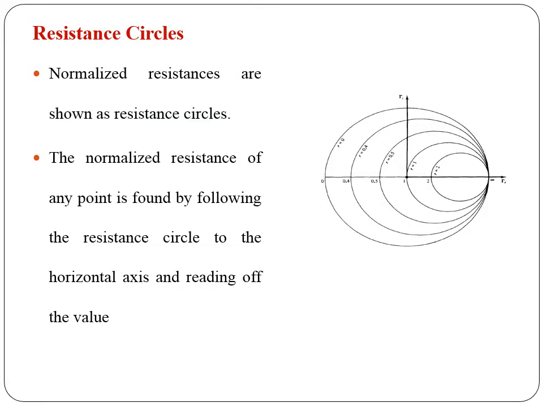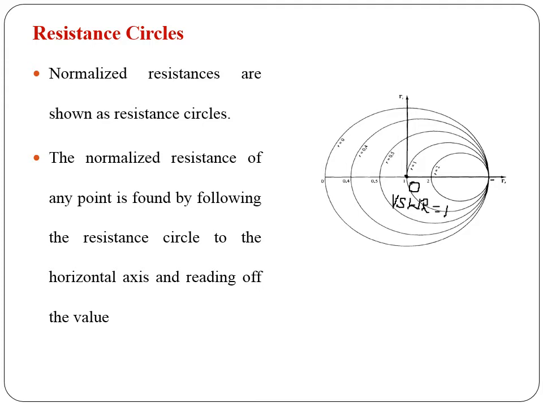Resistance circles. Normalized resistances are shown as resistance circles. The normalized resistance of any point is found by following the resistance circle to the horizontal axis and reading off the value. This point is always the center of the Smith chart, where VSWR is equal to 1.